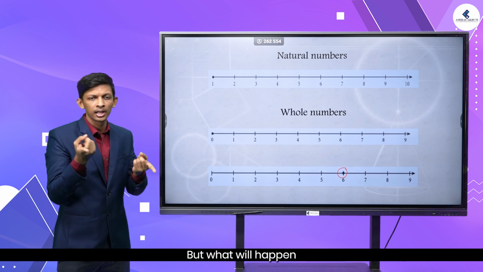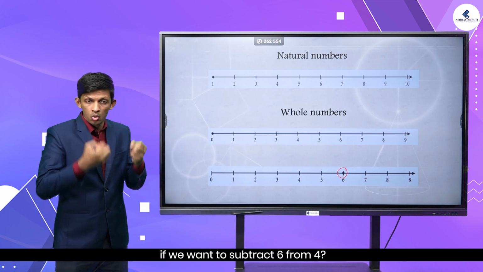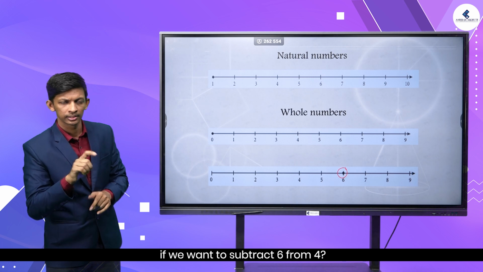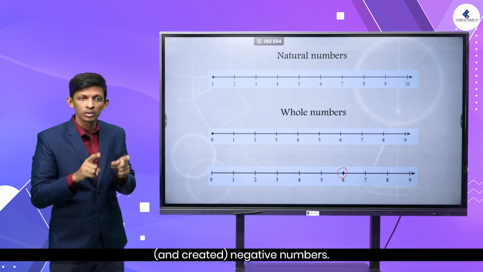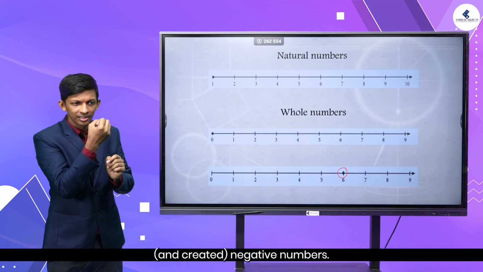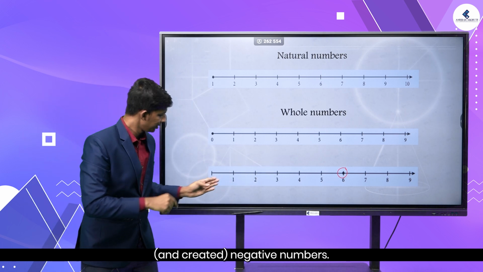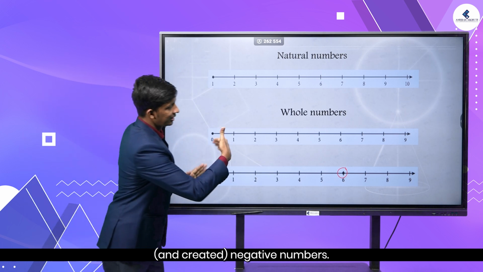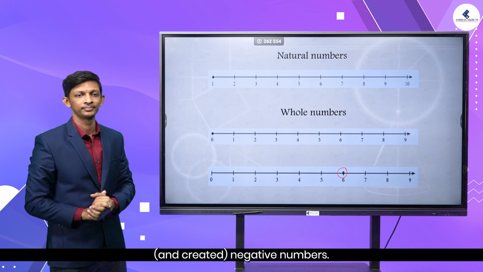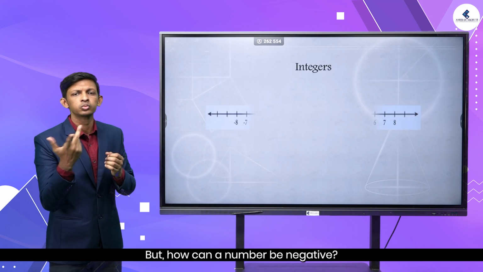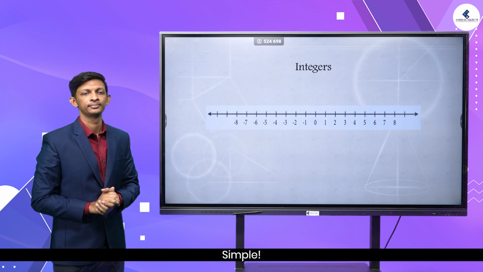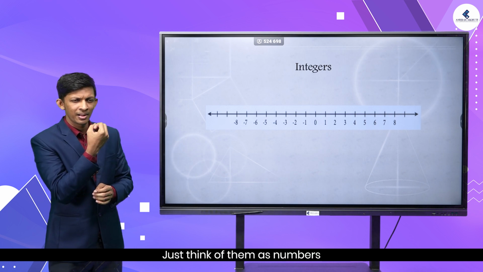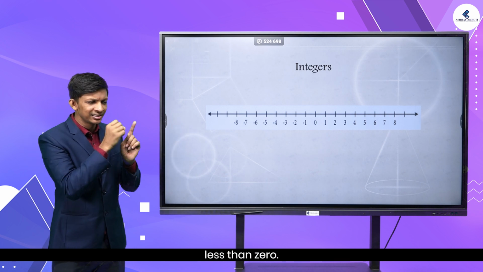But what will happen if we want to subtract 6 from 4? This situation is where humans needed and created negative numbers. But how can a number be negative? Simple. Just think of them as numbers less than 0.